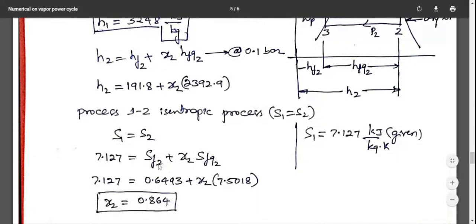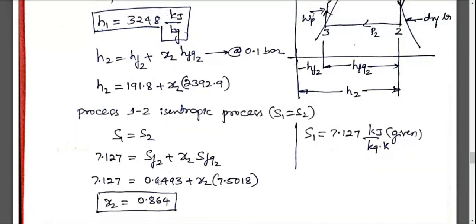So SF2 values are also listed at 0.1 bar in the given data. Step number 2, we have written the values X2 as it is, SFG2. So in this equation, the only unknown is X2, and doing some mathematical operations, we calculate X2, that is 0.864.